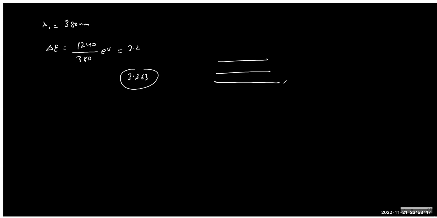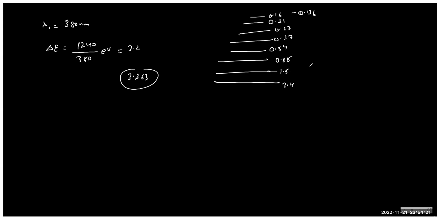So when is it possible? 3.4, and we have to subtract something. So which transitions are possible? This is possible, this is possible.